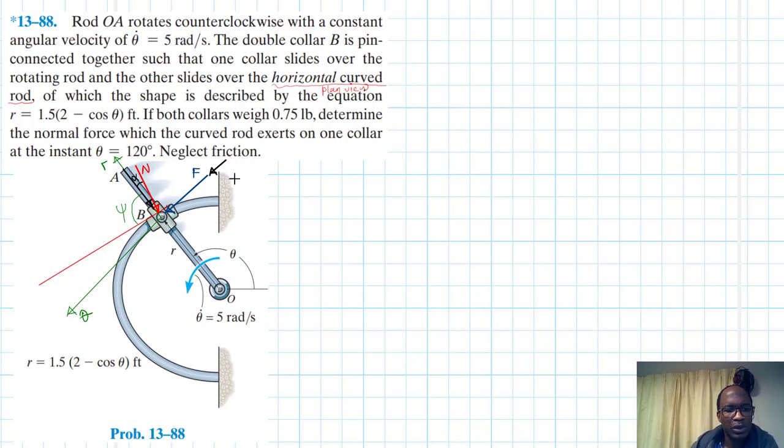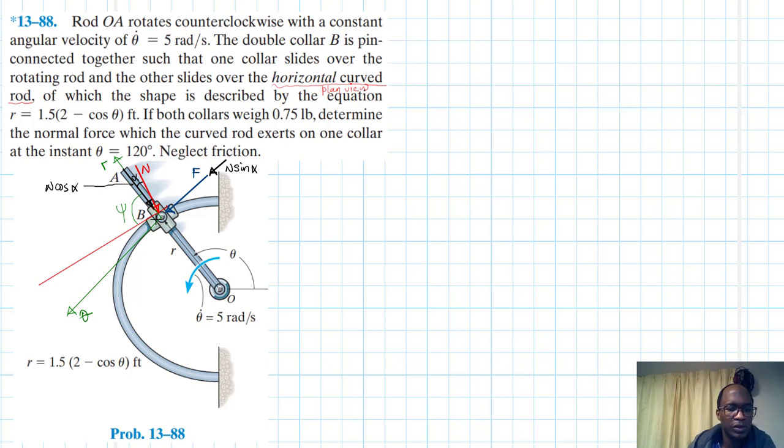Let's say this one is N sine alpha, and this one here is N cos alpha. So I think this is it for now. Let's write down what we have.